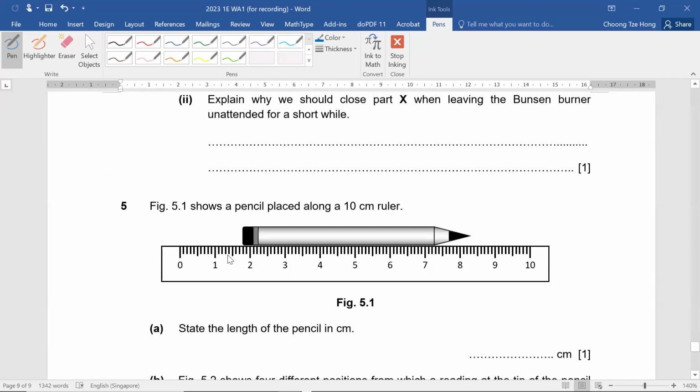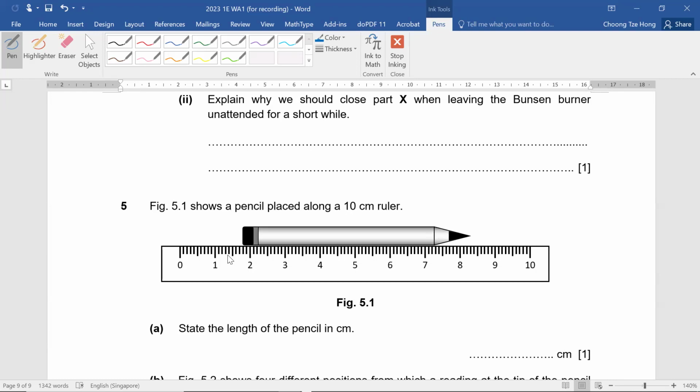Okay, explain why we should close part X when leaving the Bunsen burner unattended for a short while. If you recall, closing the air hole will not cause the flame to be totally extinguished. Rather, it will cause the flame to turn from a non-luminous form to a luminous form. So if you are leaving the Bunsen burner, we should always try to turn the flame to a luminous form so that it will be visible to people around.